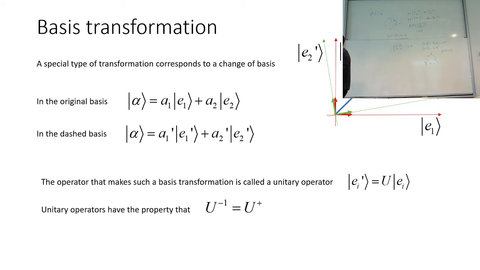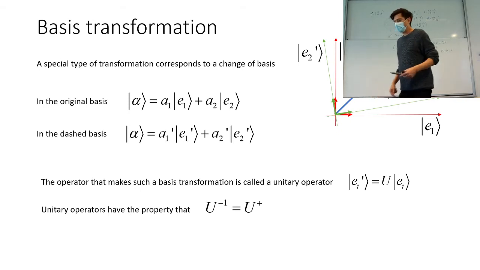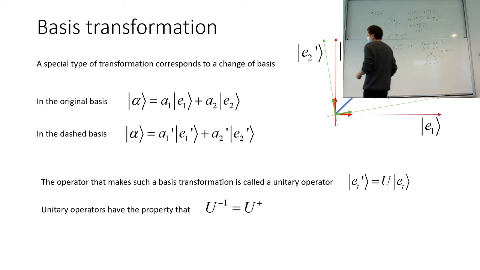Okay, so another special type of operator, and this is a type of operator which actually induces this transformation between these two coordinates. So this is basically the transformation that links these two coordinate choices, right?